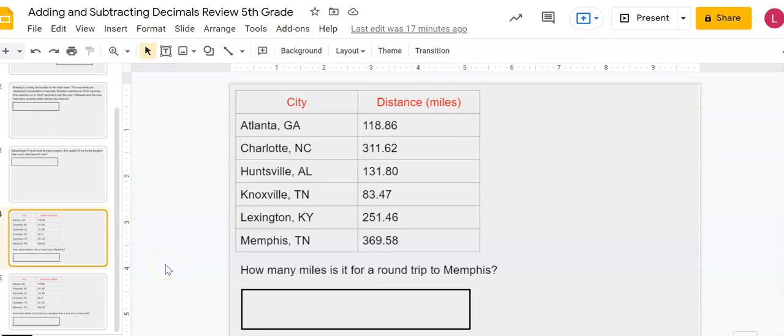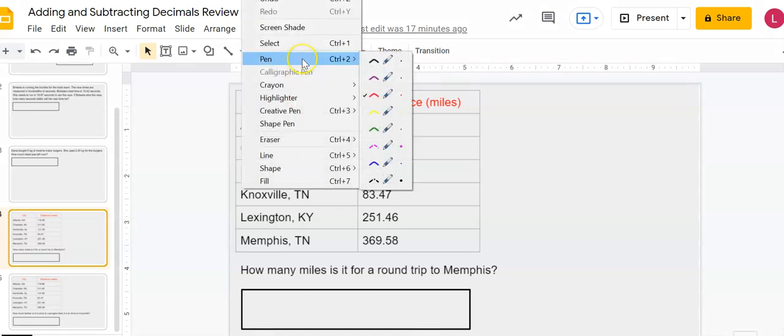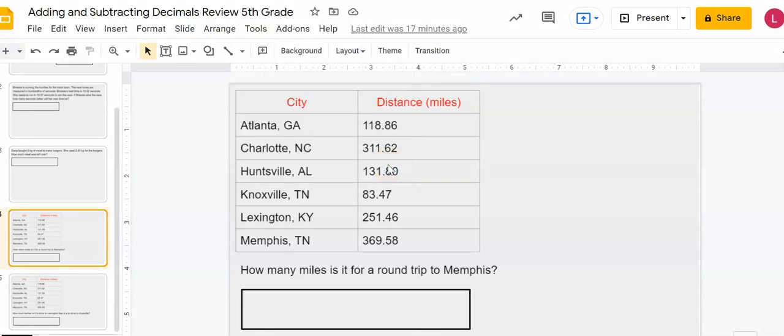So let's talk about what that would mean for a round trip. Let's have a little visual here. Let's say I'm going from my house to Walmart.